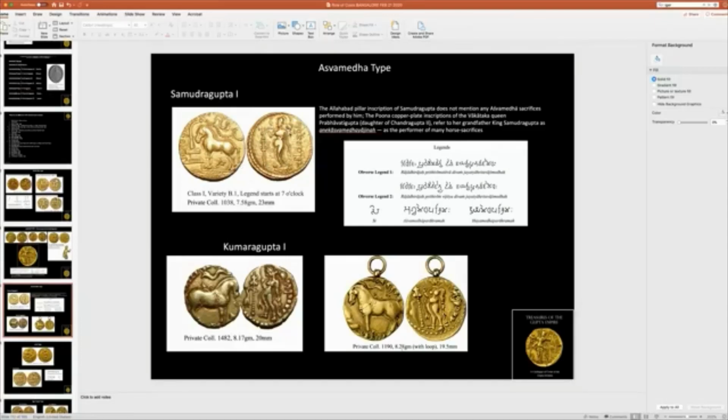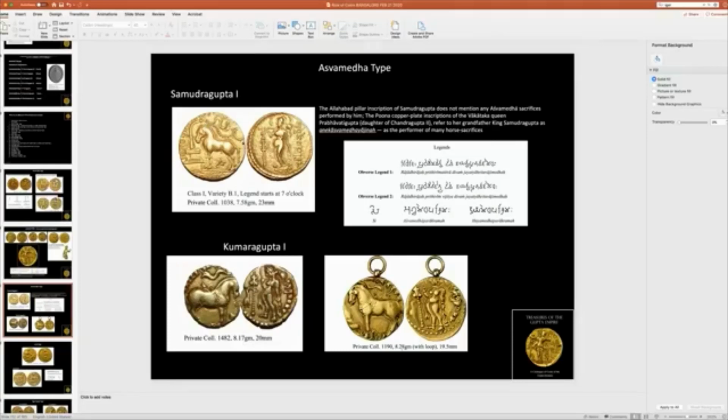She's got the chauri on her shoulder. There is a spear in front of her, and it says Ashvamedha Parakrama. That's what it says back here, right? So whenever we see a horse standing in front of a yupa, that's called the Ashvamedha type.